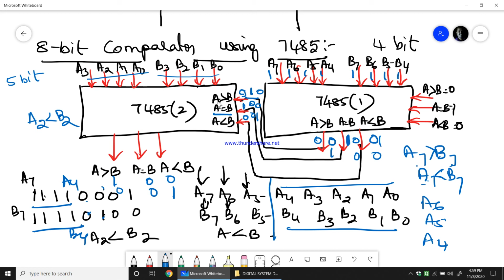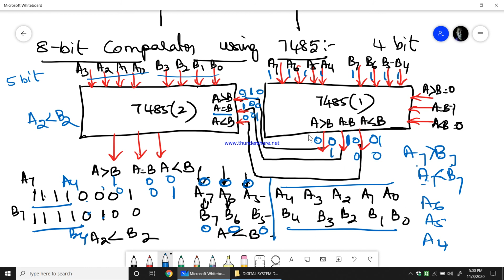But when I am using two 7485 ICs, what I will do is make the MSBs 0. I will make A7, A6, A5 as 0 and B7, B6, B5 as 0. So when I make these 3 bits zeros, then the comparison will never happen with these 3 bits, it will compare with these 5 bits only.